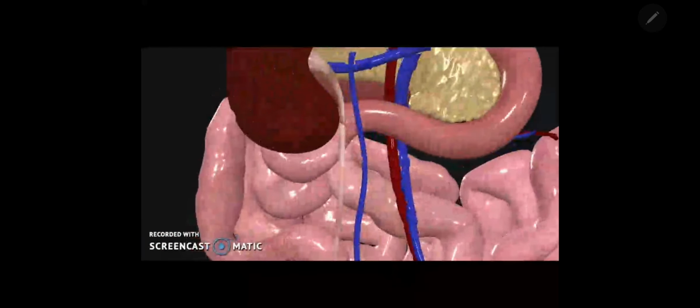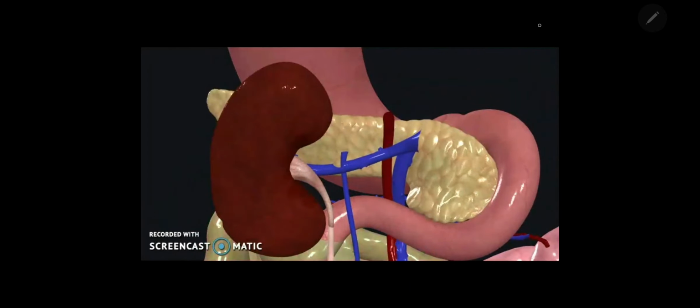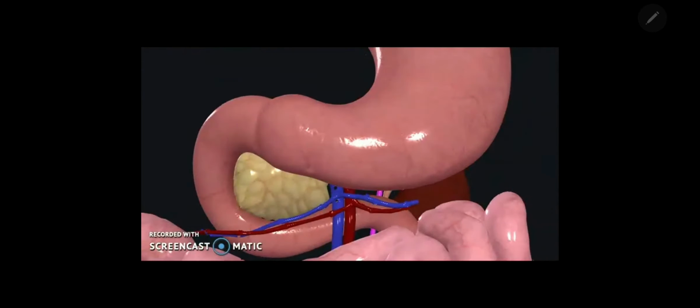Towards the right side, this is the fourth part of the duodenum. Above again is the body of the duodenum, to the right superior mesenteric vessels and uncinate process of pancreas, and to the left side left kidney, behind inferior mesenteric vein, left sympathetic chain and all.